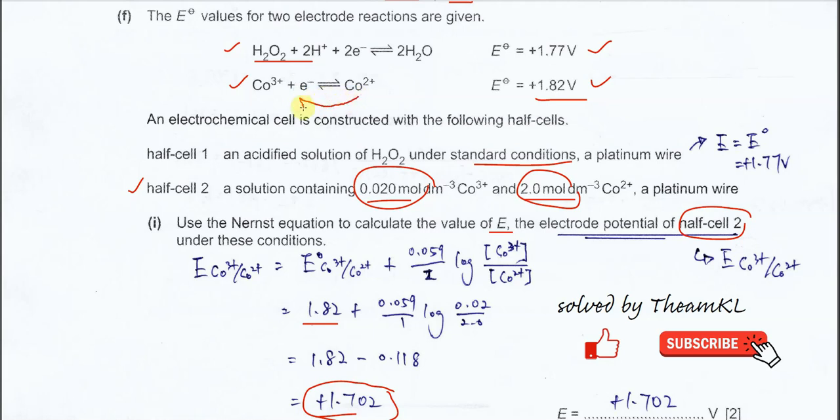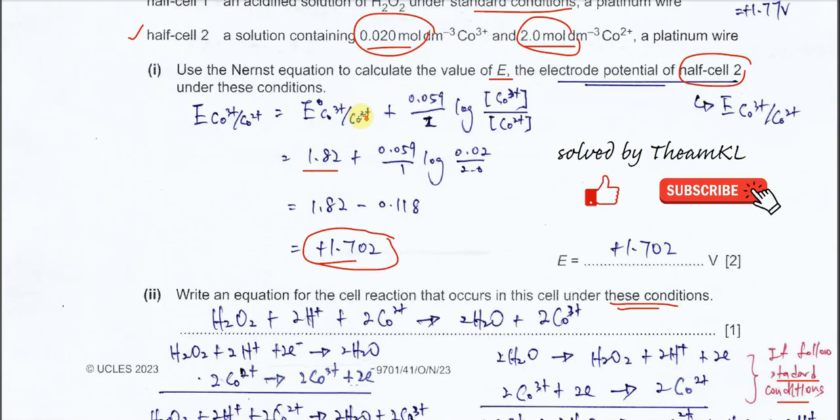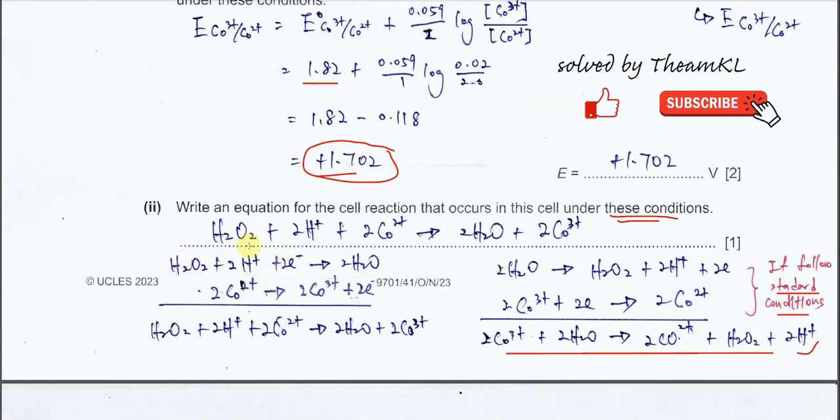So this one stays, and the cobalt-3 and cobalt-2 reverses, you get this. And this one times 2, sum up left to left, right to right, and you get this equation: H2O2 plus 2H+ plus 2 Co2+ forms 2 H2O plus 2 Co3+.